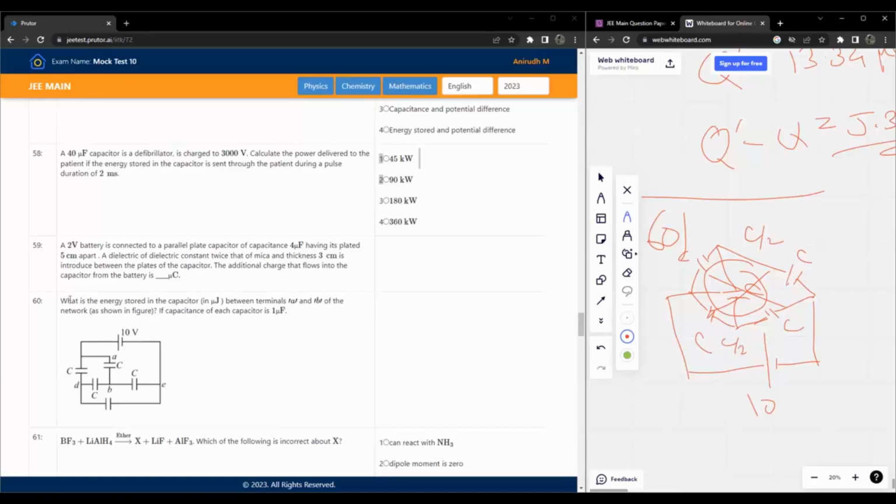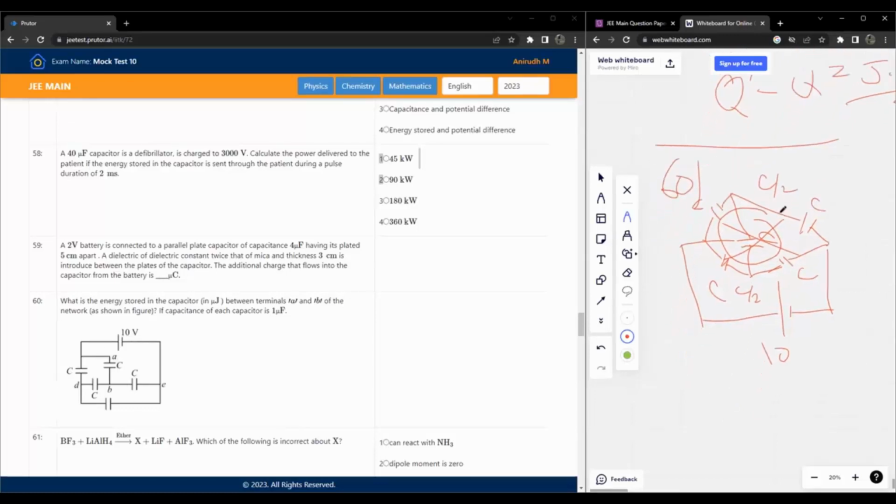So basically, your energy stored, the net charge that flows is, yeah. So when you do this, you can see that this is a parallel network of capacitors, and so the net charge that flows here is going to be, this is going to have a potential of 5 volts because it's equal, right? This is 10, this is 5, this is 0, and this also 5.